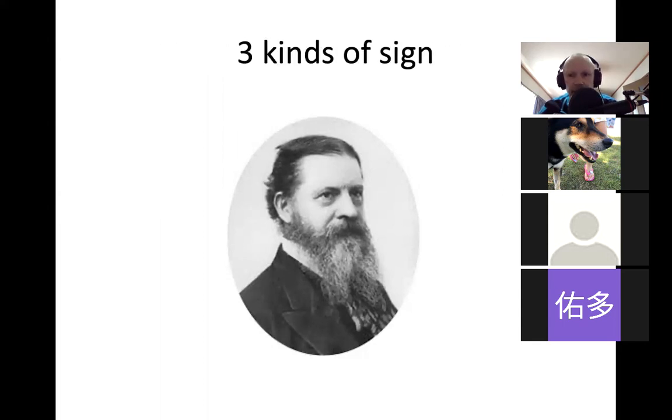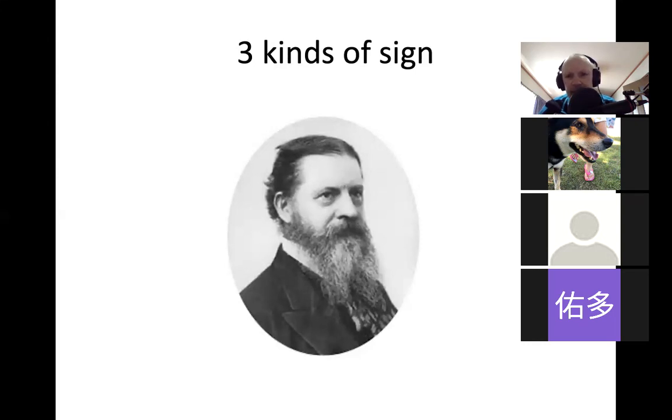I'm going to start off with this because I think it's interesting. So here's Charles Sanders Peirce. He's living in the 19th century, writing in about the 1860s. You can see the old-fashioned look to his clothes, and the beard.